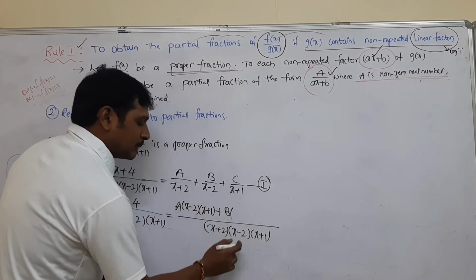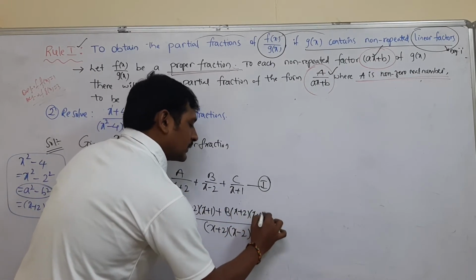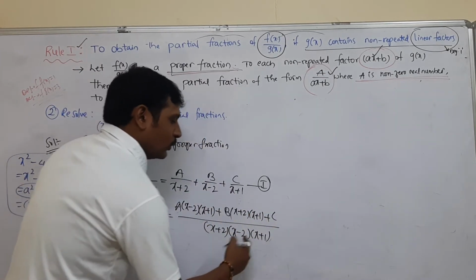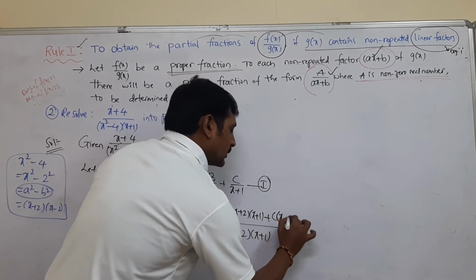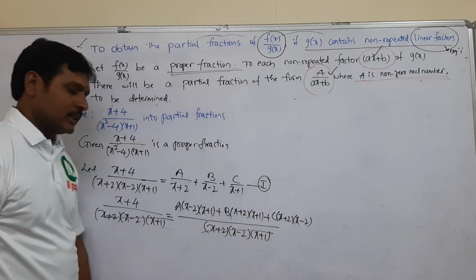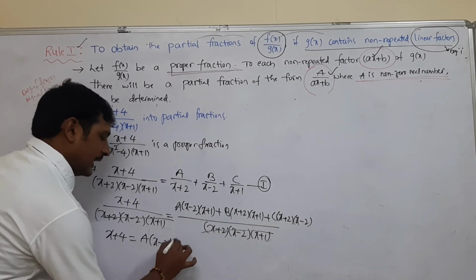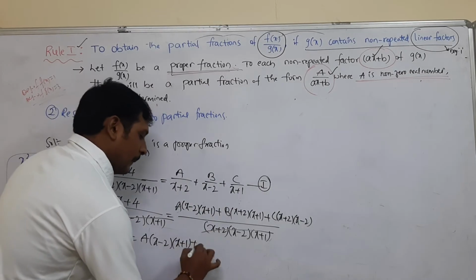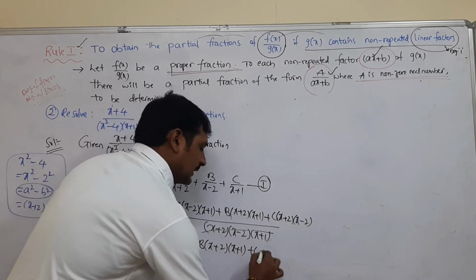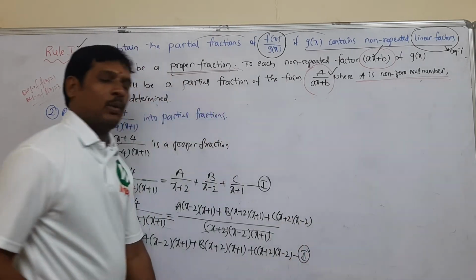And b into, here x minus 2 is present, other than this the remaining two are (x plus 2) into (x plus 1), plus c into, here x plus 1 is present, other than this the remaining two are (x plus 2) into (x minus 2). So the denominator gets cancelled. Remaining is x plus 4 equals a into (x minus 2) into (x plus 1) plus b into (x plus 2) into (x plus 1) plus c into (x plus 2) into (x minus 2). Take this as the second equation.